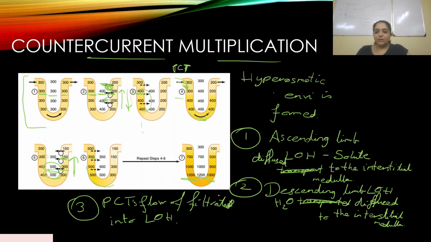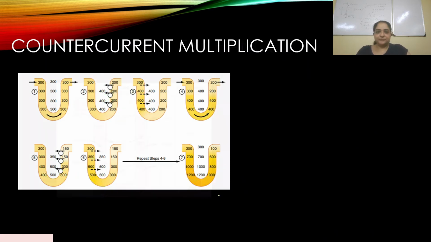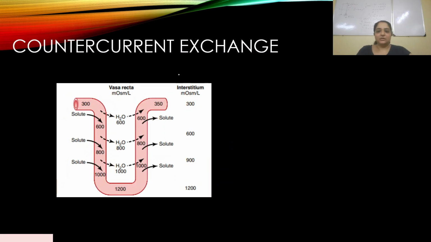Okay, now let's go to the next step, which is countercurrent exchange. Now we discussed countercurrent multiplication, right? The hyperosmotic region is created in the interstitial medulla, with sodium chloride, urea, all these solutes present in that hyperosmotic region, but there should be a way to maintain that.